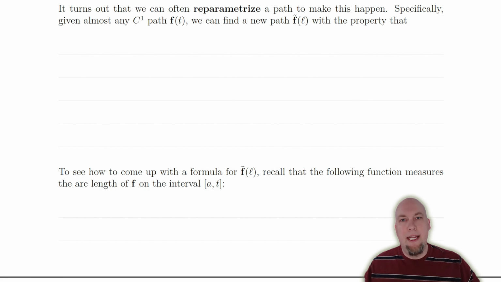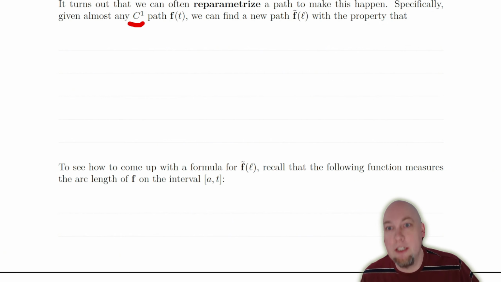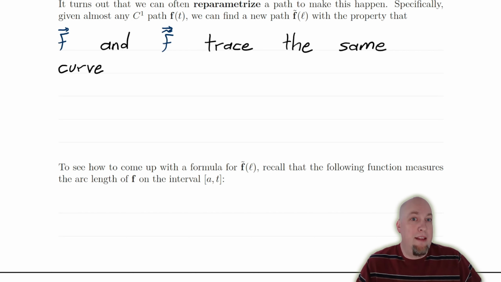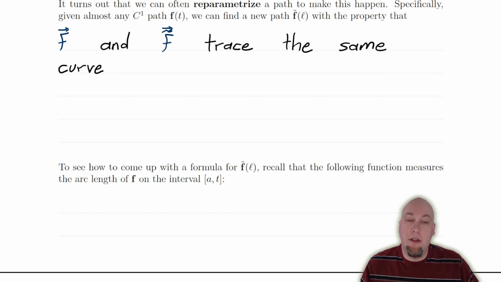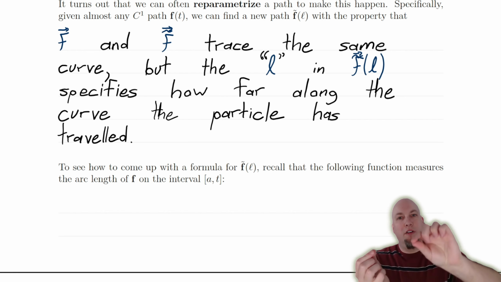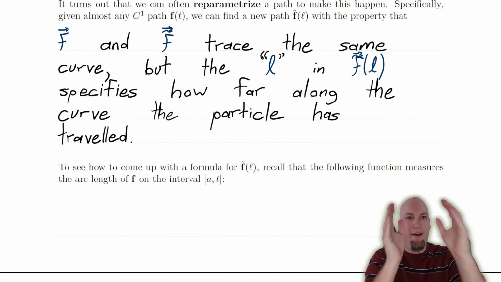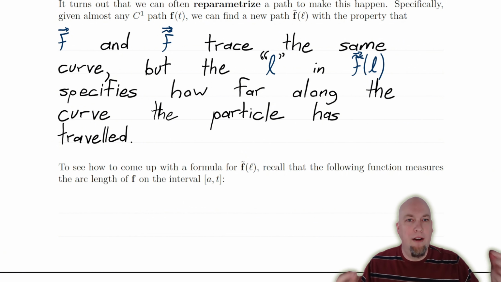If you're given some curve that's traced out by a continuously differentiable path f, then you can find a new path, which we're going to call f tilde, that traces out the exact same curve. It has the additional property that the parameter in this new path just tells us how far the particle has moved along the curve. So f tilde at 0 is just going to give us one of the endpoints of the curve.